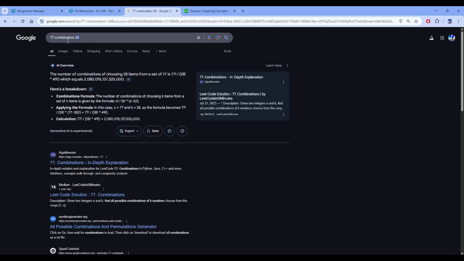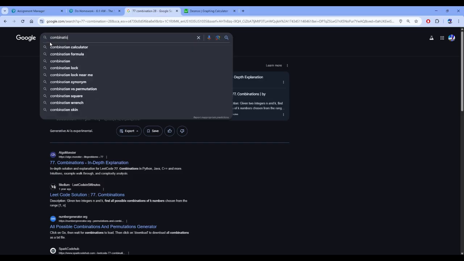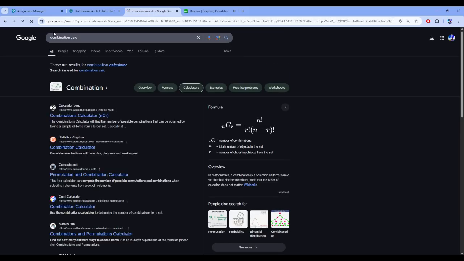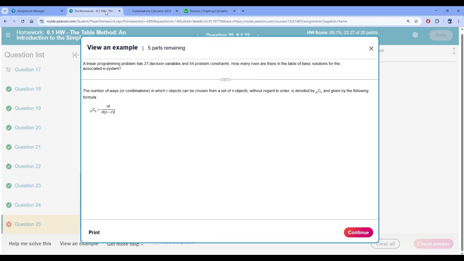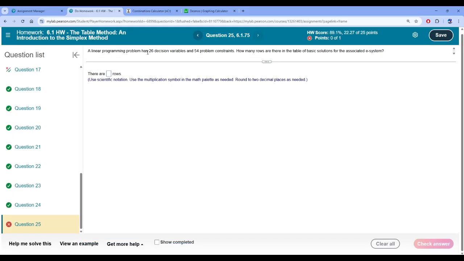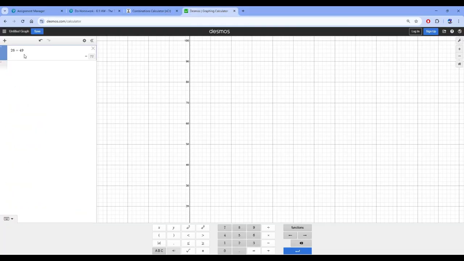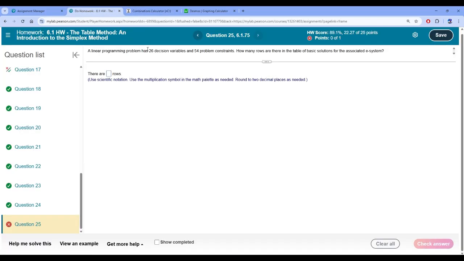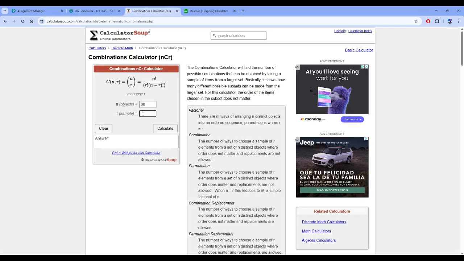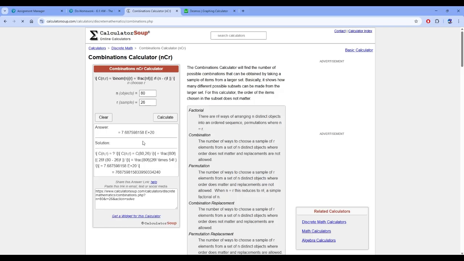Here, you know what? Let me use a combination calculator. How many objects are there? Here, 26 plus 54 is equal to 80. So I'm going to go with 80 objects, and I am picking 26 of them. Calculate.